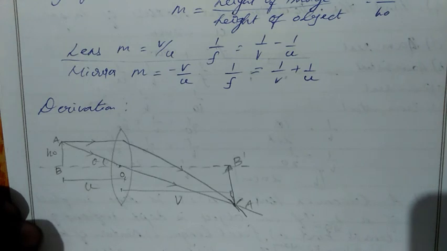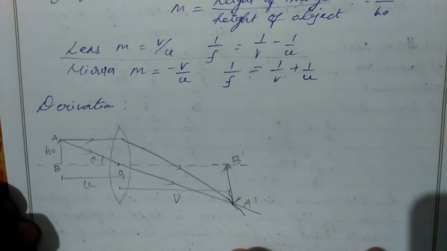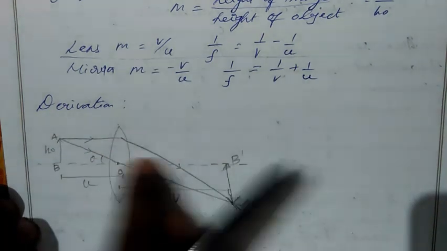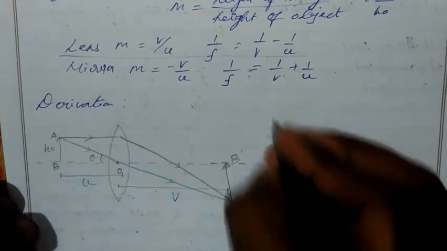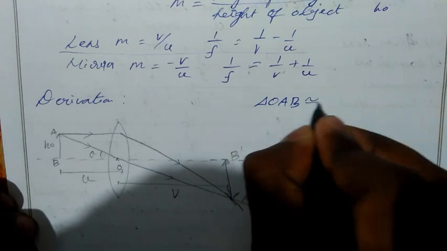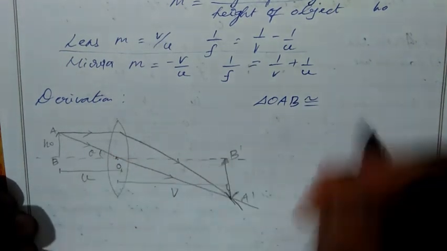For example, 5 by 10 equals 50 by 100, correct? 5 by 10 is a small number, 50 by 100 is a big number, but the ratio is 1 by 2. Similarly, this triangle has the same ratio as this big triangle. So we can say triangle OAB is approximately equal to triangle OA dash B dash.